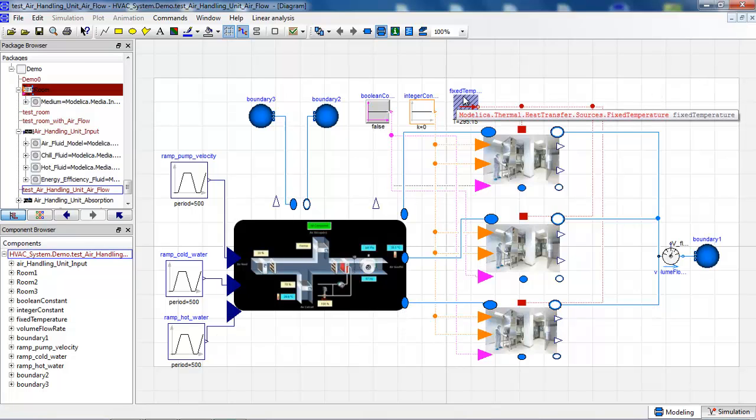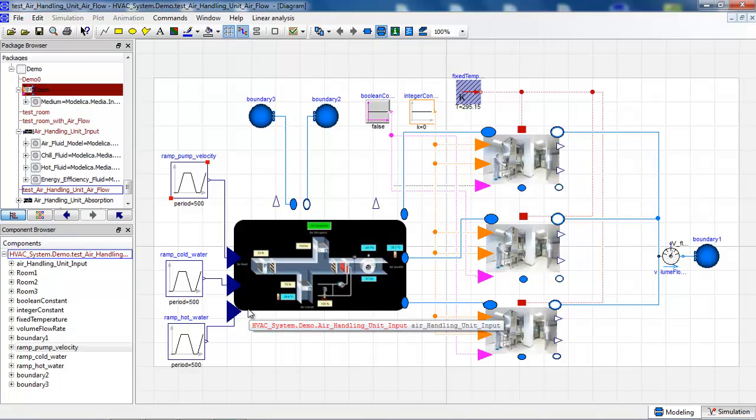I will also add heat transfer inside my 3 rooms, and I parameterize the pump inside my air handling unit as a ramp, and also a ramp for cold water and a ramp for hot water, and we will see how it goes through the different rooms that I have defined.